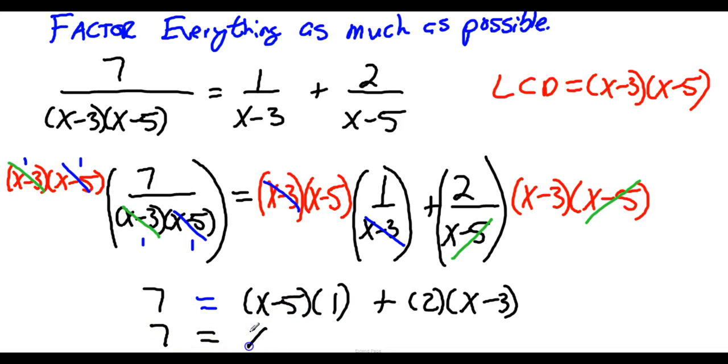Okay, so multiplying by 1 doesn't change anything. Multiplying by 2 is just the distributive property. And this is right up against the bottom of the page, so let me jump to the next page here.